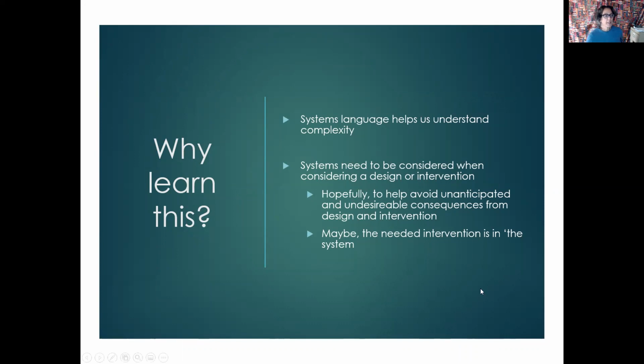That's what I mean by a design or intervention. If we say, I think we should do X, then we should have some way of figuring out what its consequences are going to be, intended and unintended. And to me, that's what systems thinking helps you do.